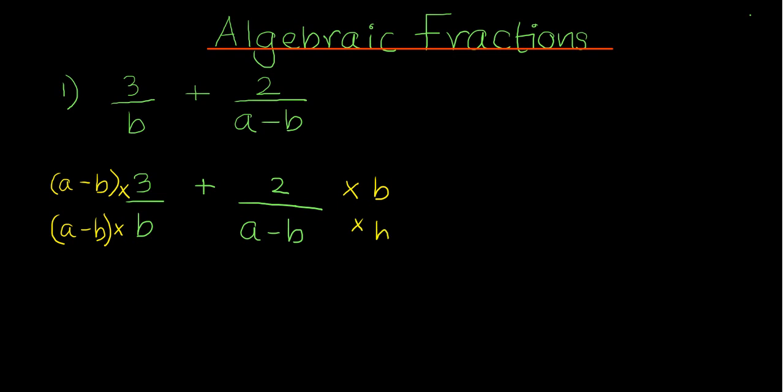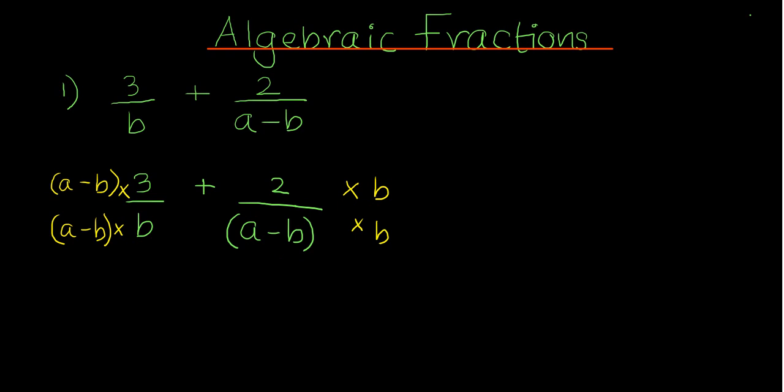Now before I continue, since this denominator a minus b has two terms, I need to make sure that it is in a pair of brackets. Okay, and then I expand this out.